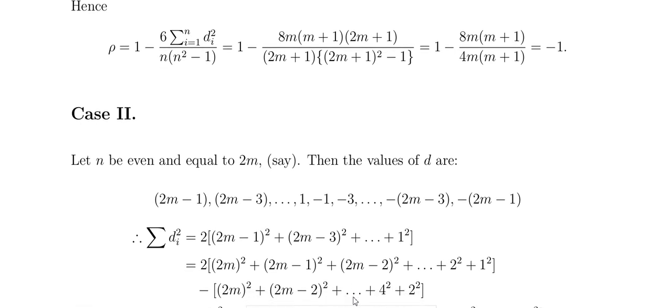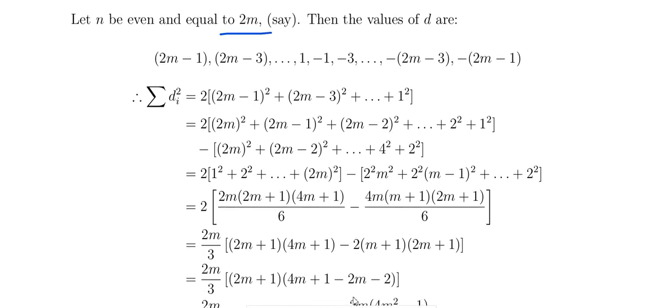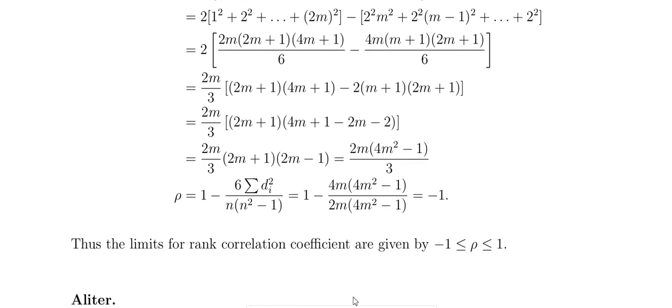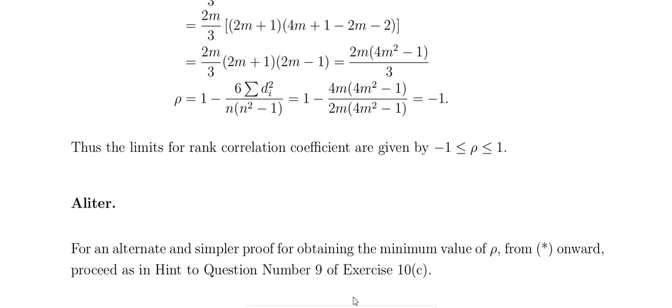So this is the rank correlation, and for n even, that is equal to 2m, the values of d are like that. So once we have the rank correlation formula, the chance of a problem being asked on this is very low. That is 2m, that is the rank is minus 1.